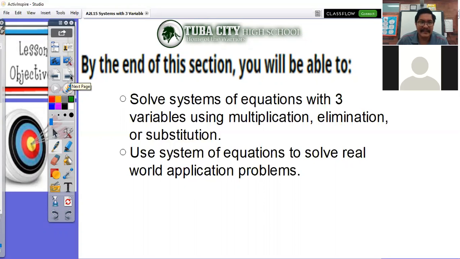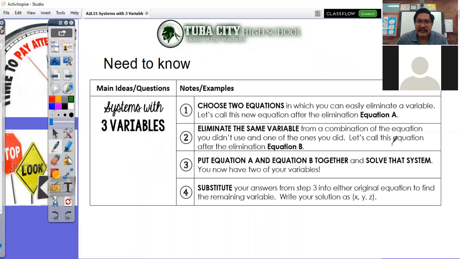All right, so what you need to know. You've got to pick two equations, right? Pick two of them. See if you can eliminate one of the variables, and then you get a new equation. Then select a separate set of two, so not the exact same set.